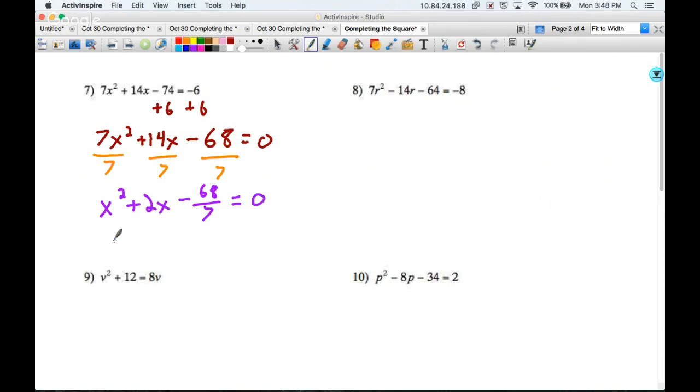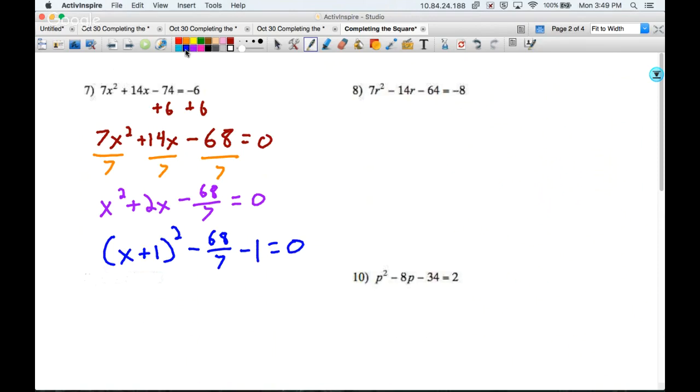Let's go ahead and complete the square now. I've got x plus 1, always half of that b value, squared, minus 68 over 7 minus 1 equals 0. Just going to keep going straight down here. I can combine those two constants.